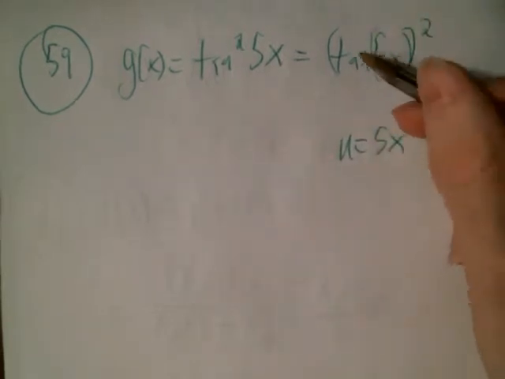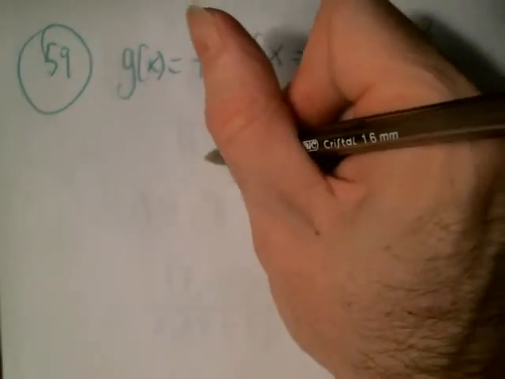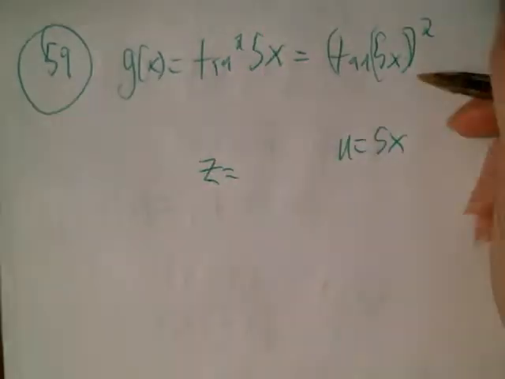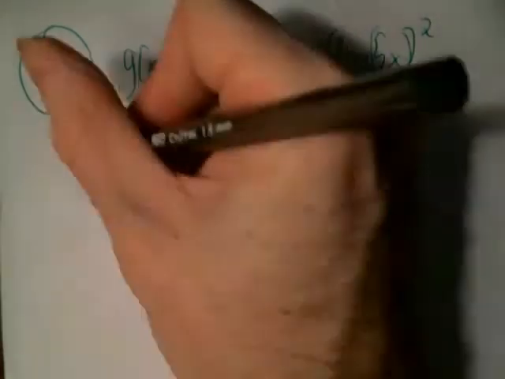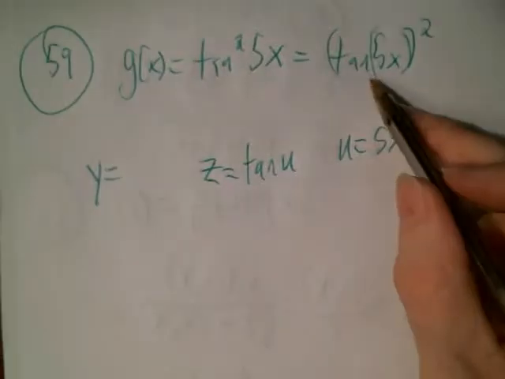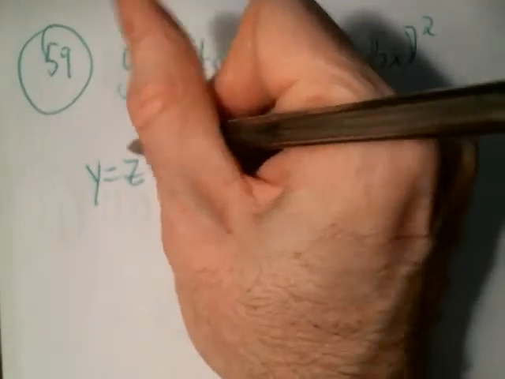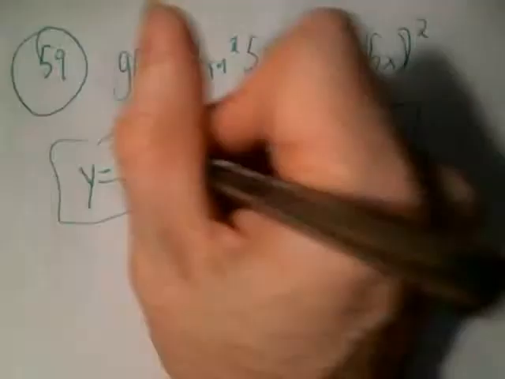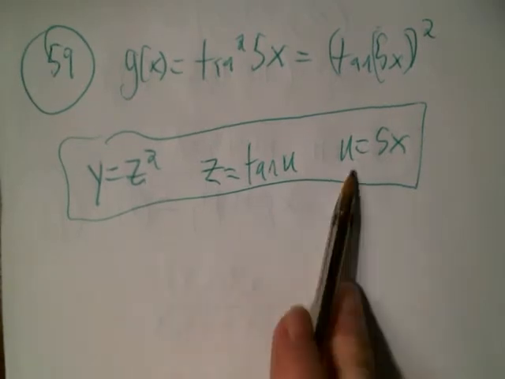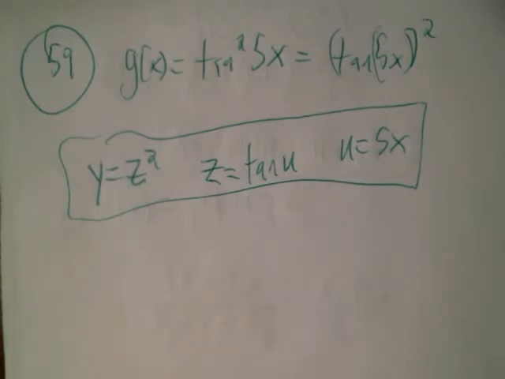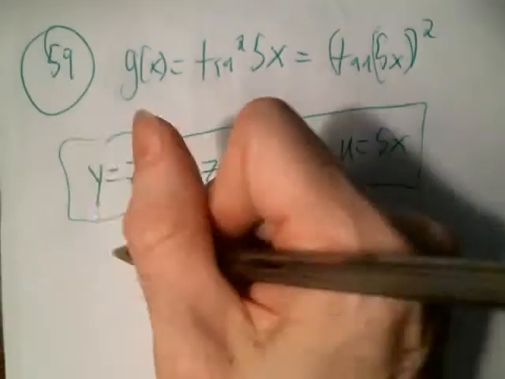And then the next step up, we call that z, is tan of u. And the ultimate step, the highest step, is z squared. And so you can get one where there's multiply nested functions. In these cases, it's probably better just to write them all out and do it this way. It's a little easier to keep track, in my opinion.